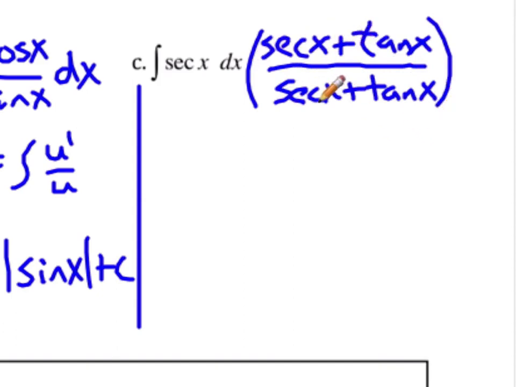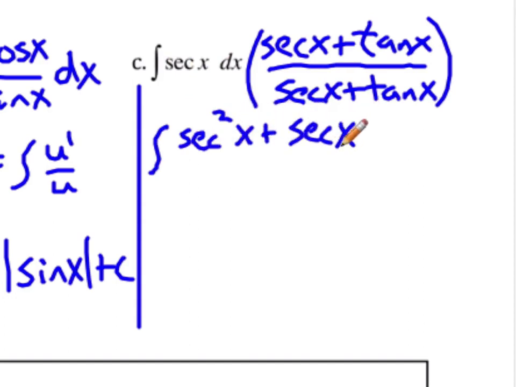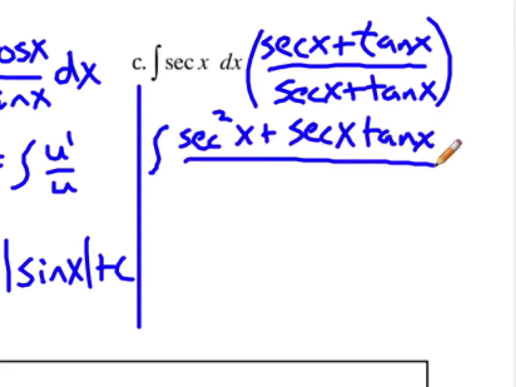Okay, so we're really multiplying by 1, and that's going to change our integral. So we now have the integral of secant squared x plus secant x tan x over secant x plus tan x.